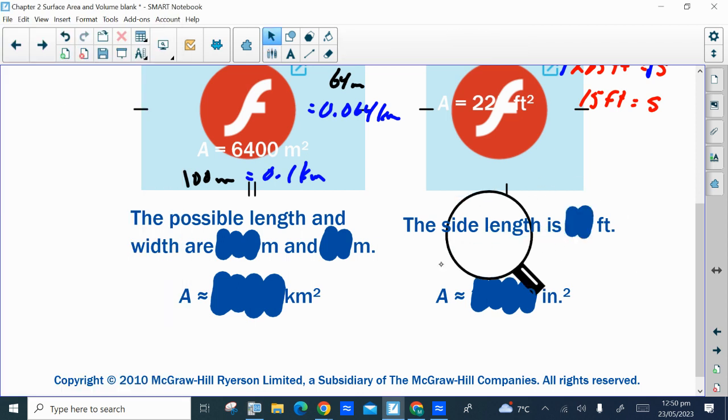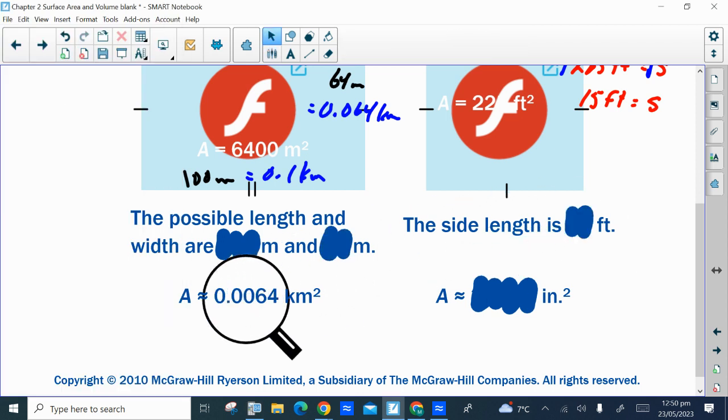And if we check, that is what the correct answer is. So, going back, we said if we started with 6,400 meters squared and we just divided that by 1,000, we got 6.4 kilometers squared. But that's not the right answer.